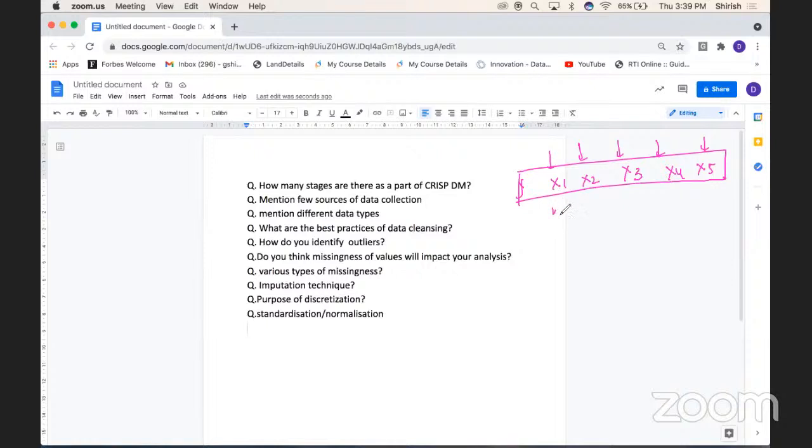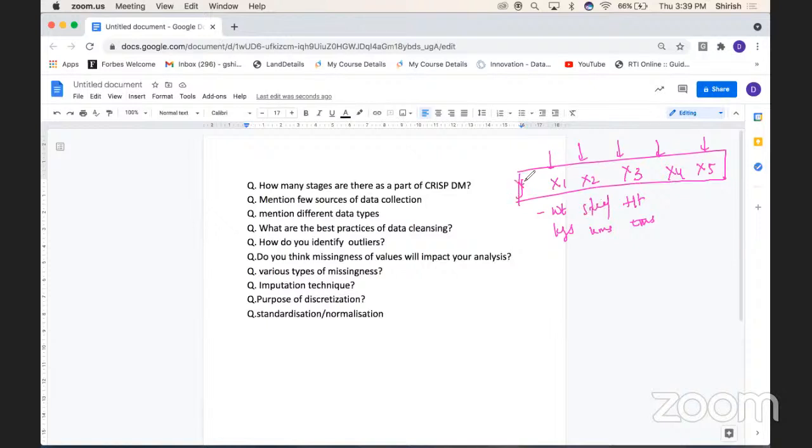X could be weight in kgs, this could be speed in kilometers, or it could be height in centimeters. So all these are different variables.